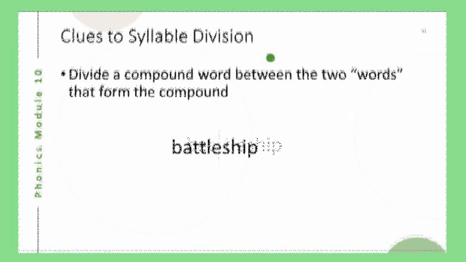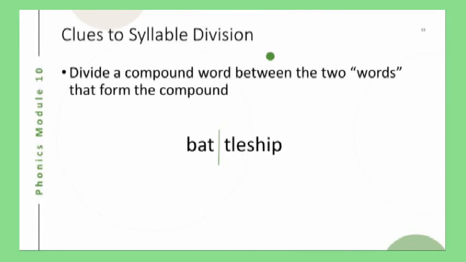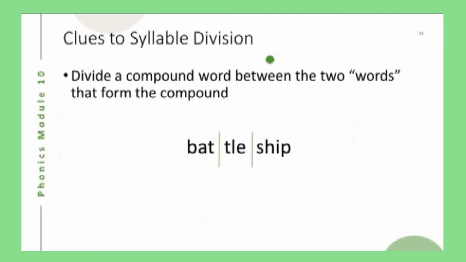Divide battle into syllables. How many syllables do you identify in ship? Battleship consists of three syllables. Quick practice. Place the primary accent in battleship. If you place the accent at the end of the first syllable, you would be correct.